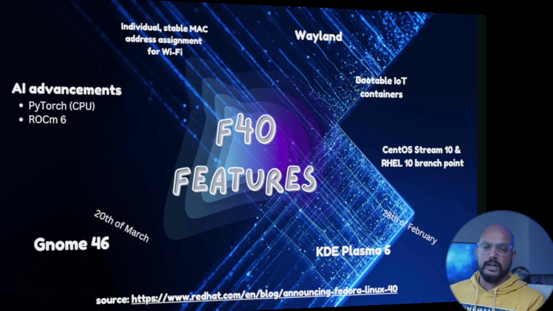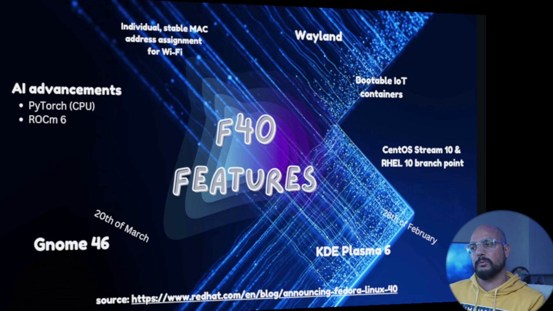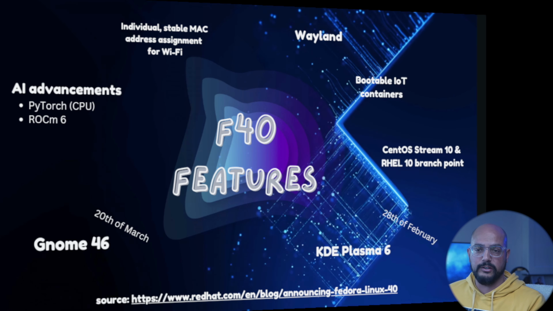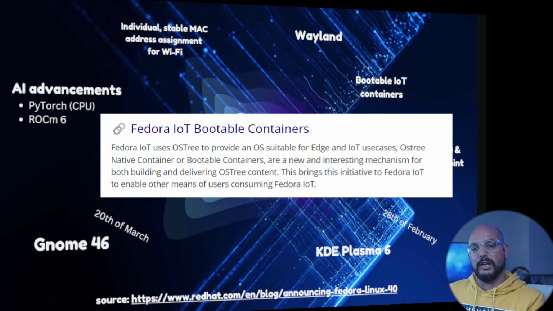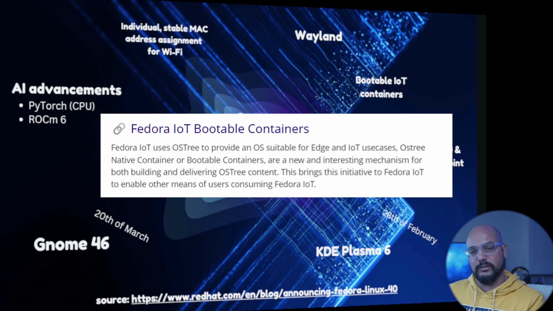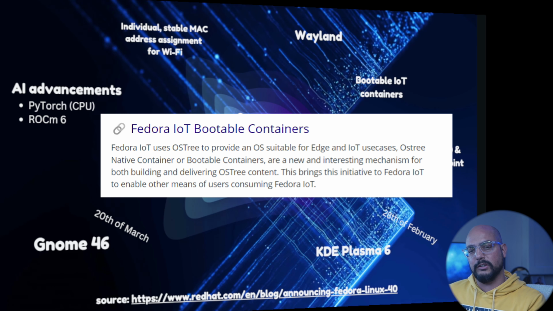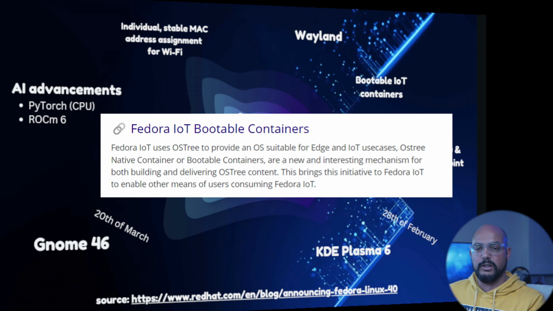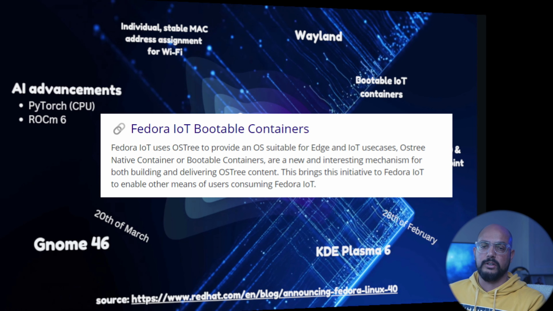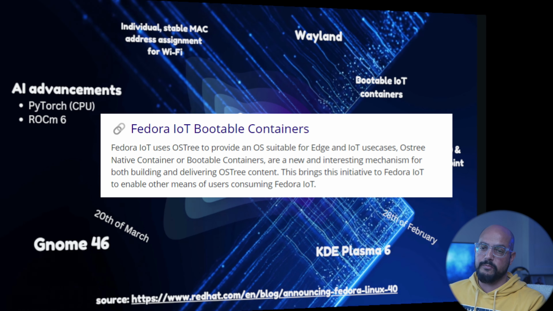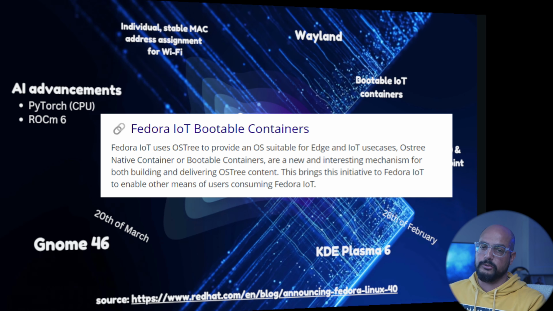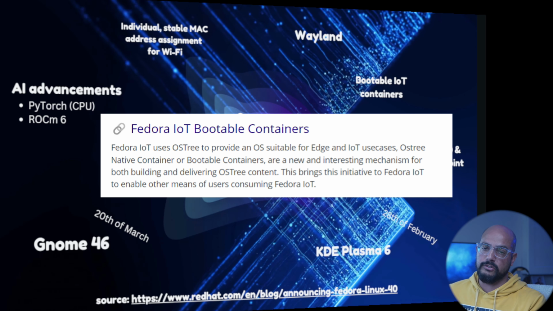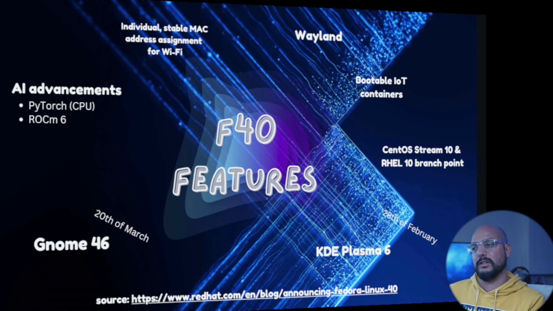So about the bootable IoT containers, I'm not an expert in this topic, so let me just read the text real quick. Fedora IoT uses OSTree to provide an OS suitable for edge and IoT use cases. OSTree native container or bootable containers are a new interesting mechanism for both building and delivering OSTree content. This brings this initiative to Fedora IoT to enable other means of users consuming Fedora IoT.